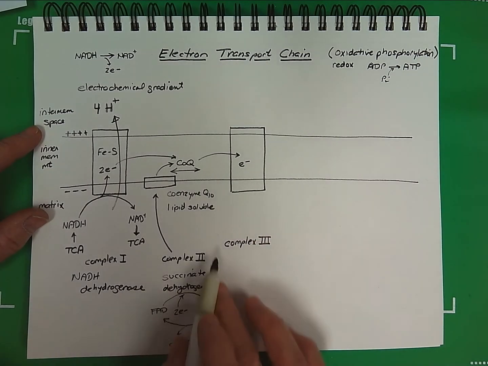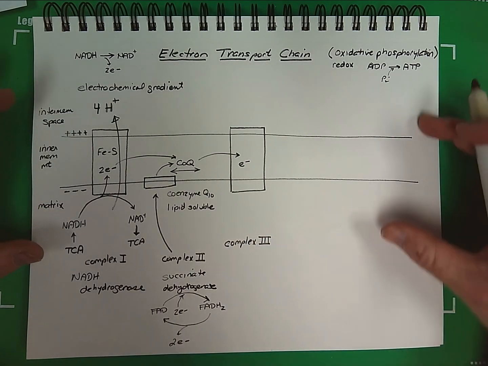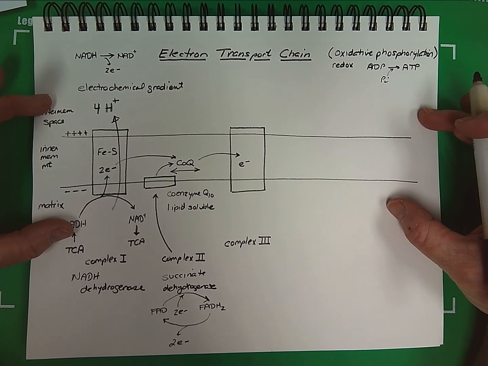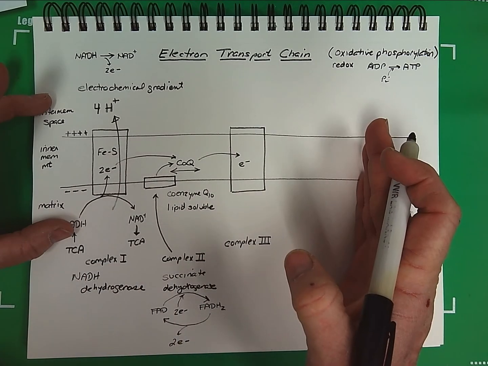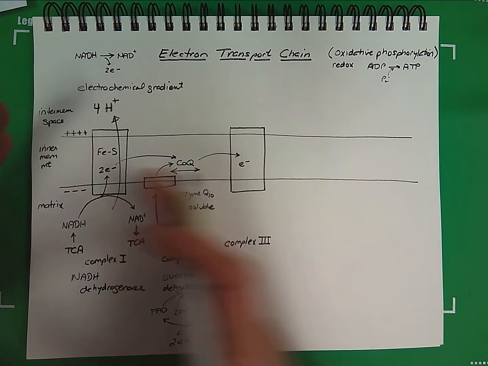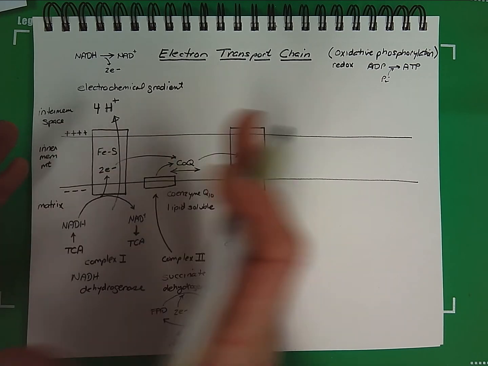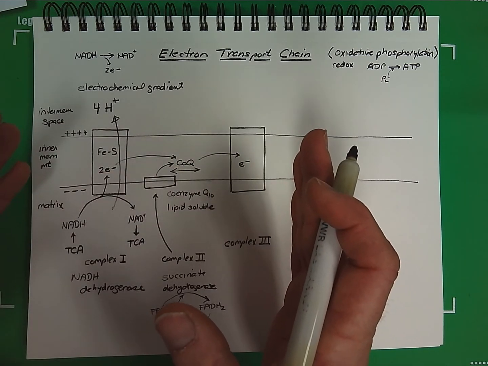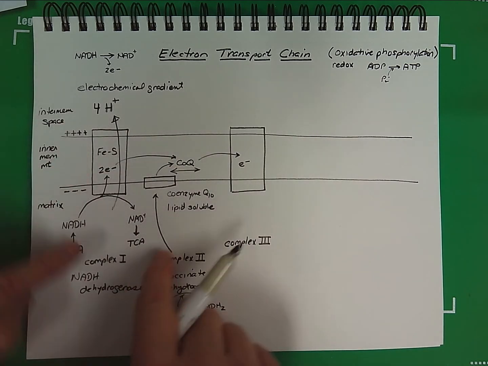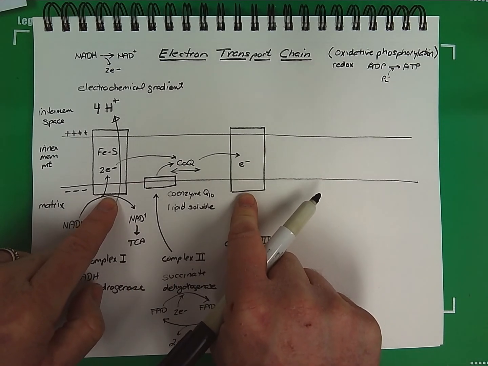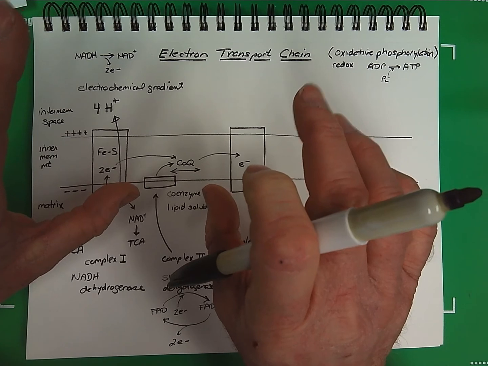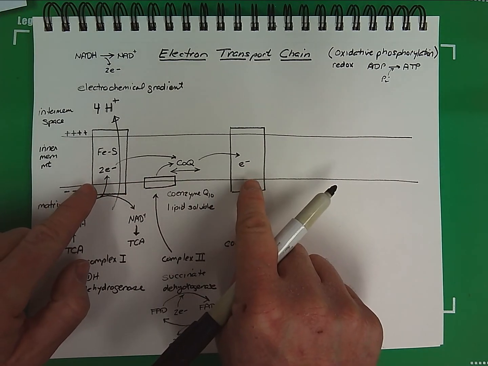The reason this is called complex 2 is because when the electron transport chain was originally studied in a biochemistry lab, the individual complexes were isolated and then they were reassembled to see where the electrons go. So for example, if you take complex 1 and complex 3 alone and put them in a membrane structure, you would not get electron transfer.